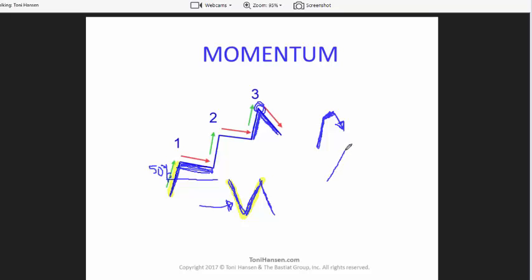When you do have a move that's pretty strong to highs and it starts to pull back with a V formation, there's going to be a higher chance that it is going to fall into more of a trading range or a trading channel, meaning that when it comes back up to highs, it's going to have a harder time penetrating that previous high.